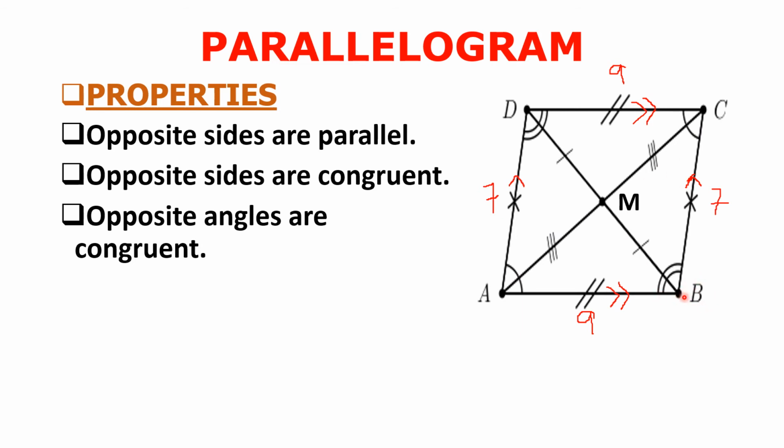Follow the laser pointer. Angle B has a double marking and D also has a double marking. Why? Because B and D are congruent as they are opposite angles. Opposite corners. So angle B is congruent to angle D and angle C is congruent to angle A. Opposite angles are congruent.